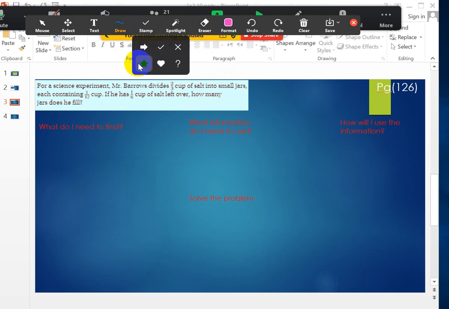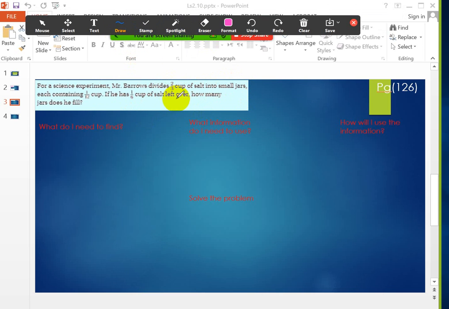So the amount here is 2/3. 2/3 cup of salt into small jars, each containing 1/12 cup. If he has 1/6 cup of salt left over, the same idea, girls. How many jars does he fill?